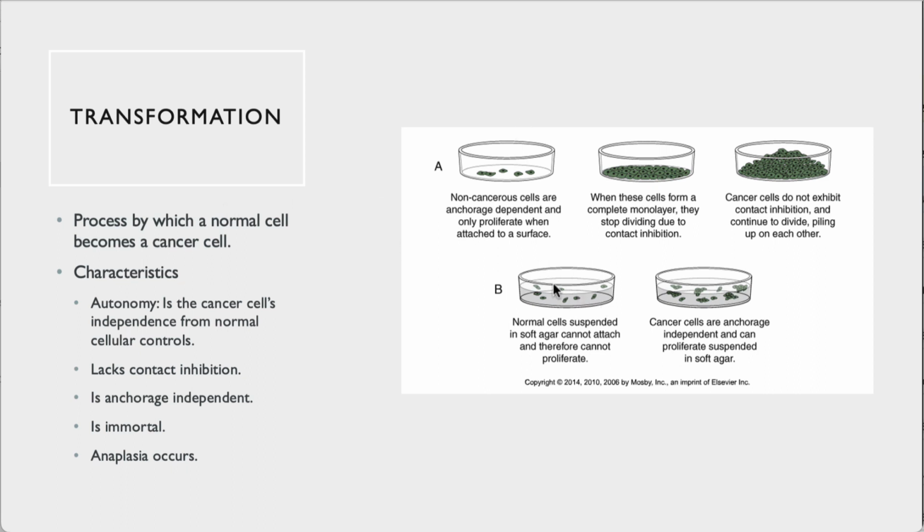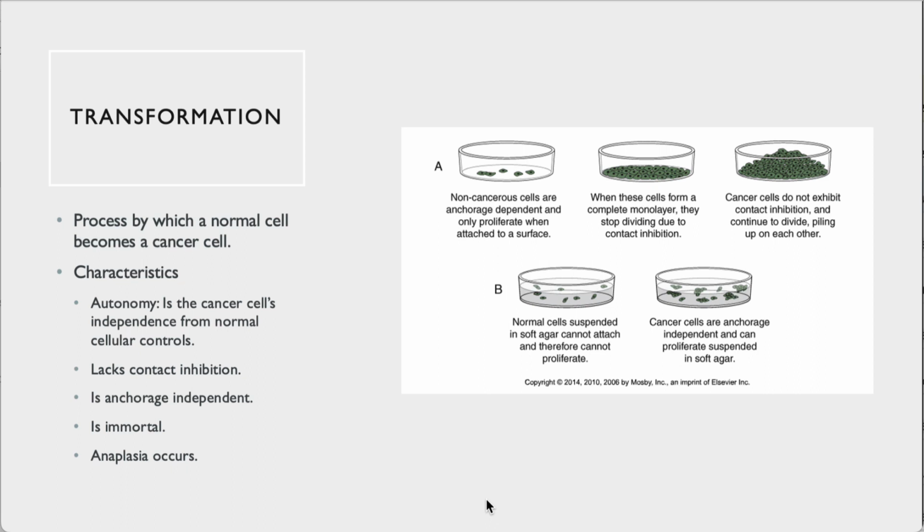Secondly, when normal cells are suspended, they tend not to grow. If they're in this soft agar and not attached to other cells, they don't grow and divide. That's not true with cancer cells because they are anchorage independent and they can just keep going without regard for any of those cellular signals that they should respond to.